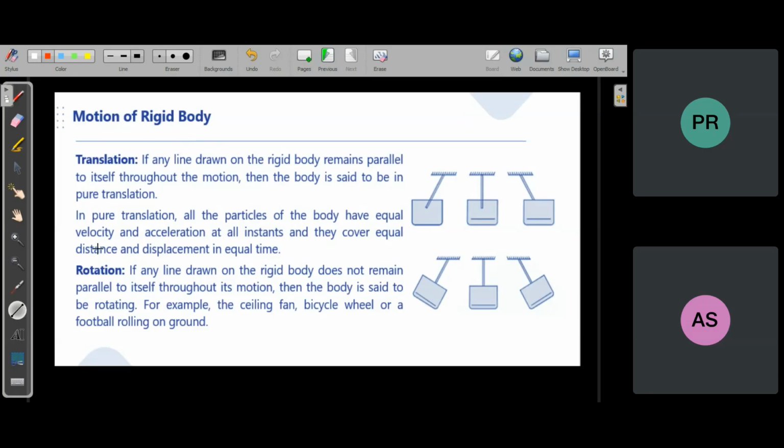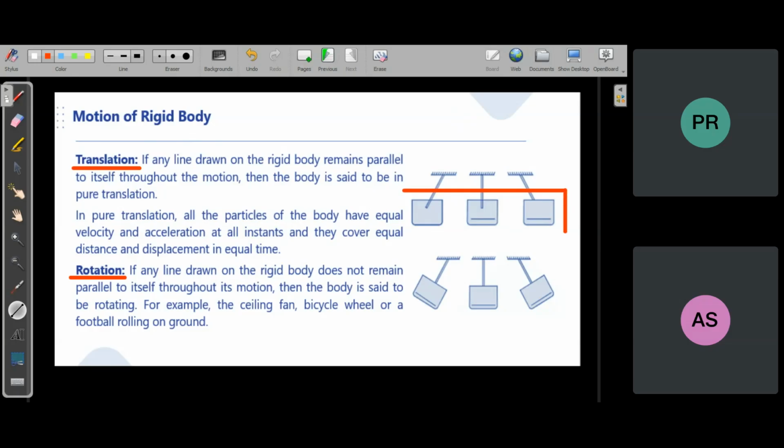Now, a rigid body can do translational motion, rotational motion, and can do rotation plus translation both. So, first of all, let's try to understand the translational motion. Now, here you can see the first case.